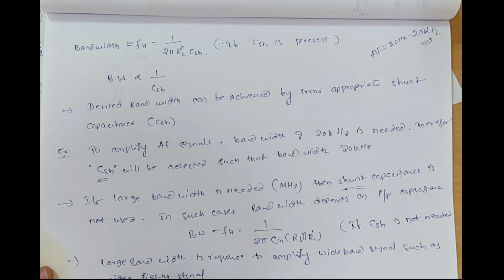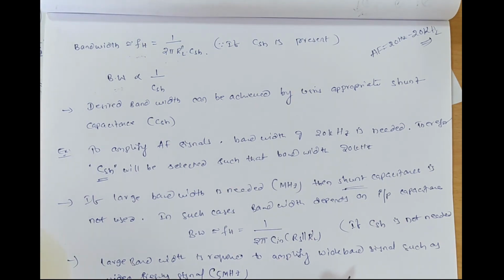The large bandwidth is required to amplify wideband signals, which are nothing but video frequency signals, square wave signals, and pulse signals. These video frequency signals are generally at 5 MHz.